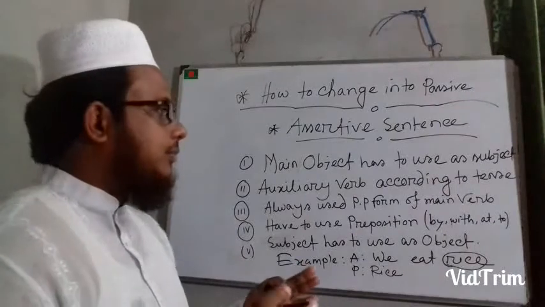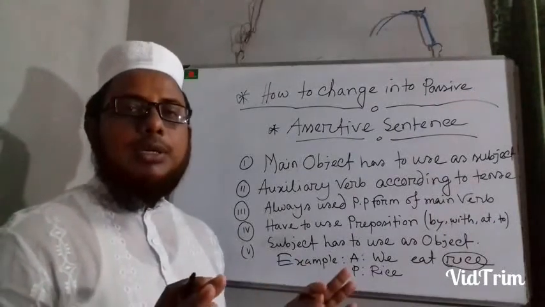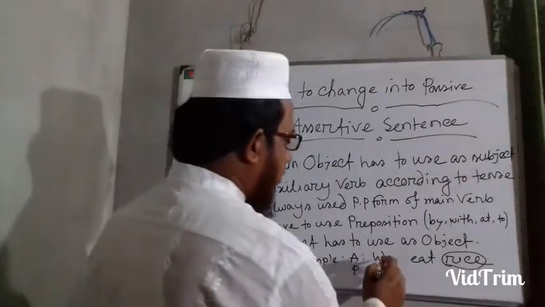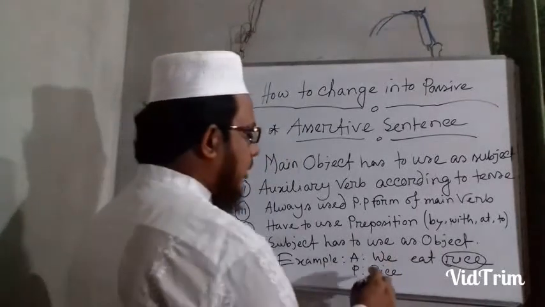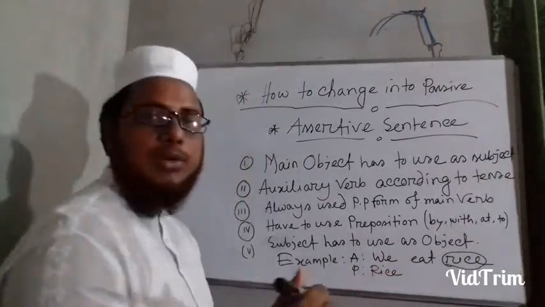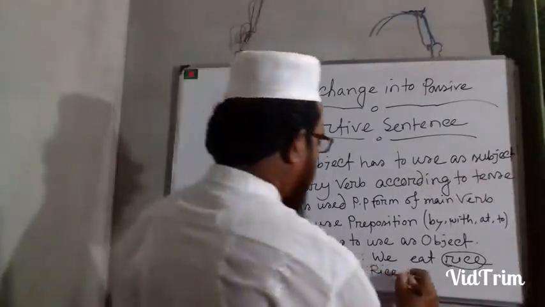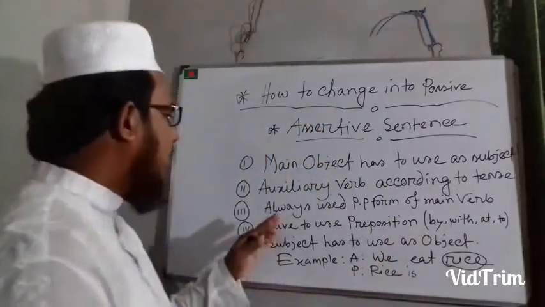That means in present indefinite tense, the auxiliary verb is am, is, are. So it is present indefinite tense, so in this situation we can use rice is.